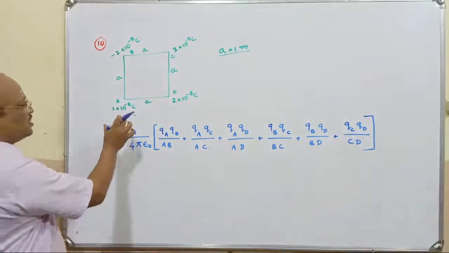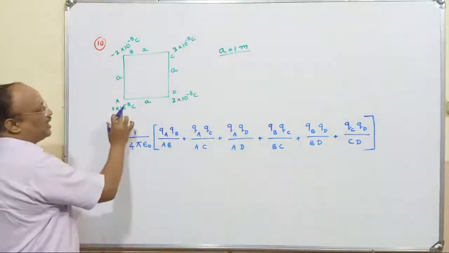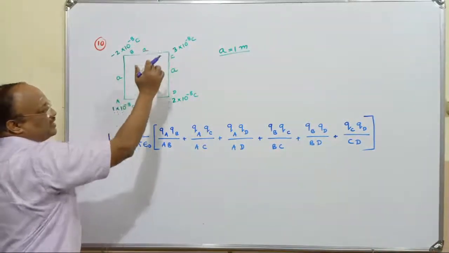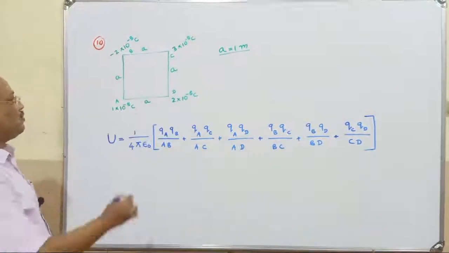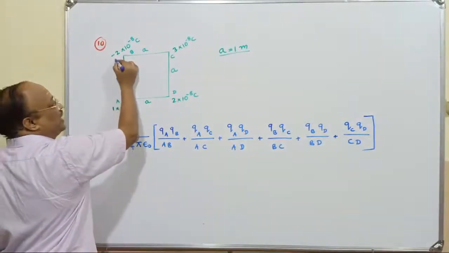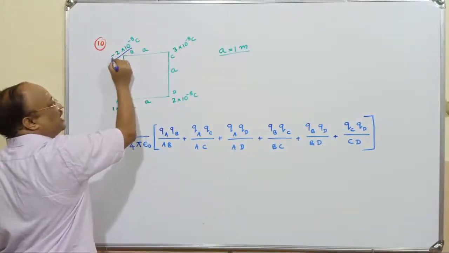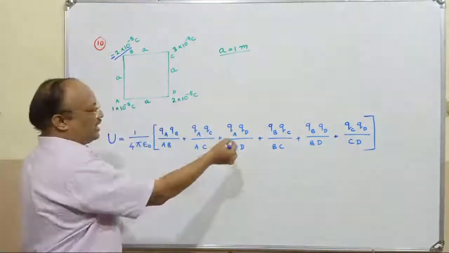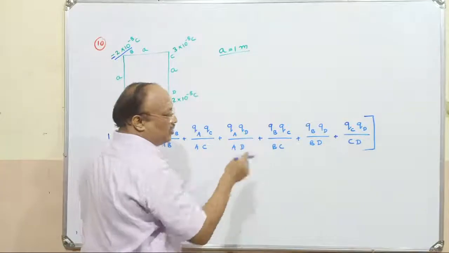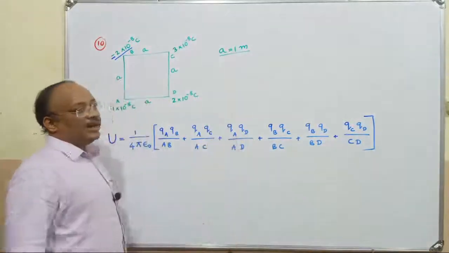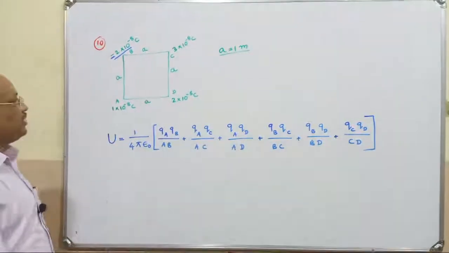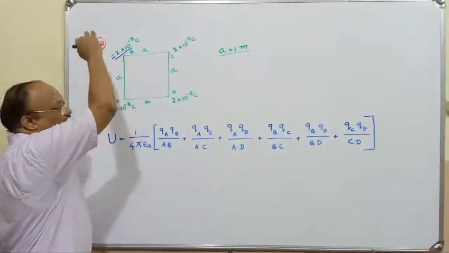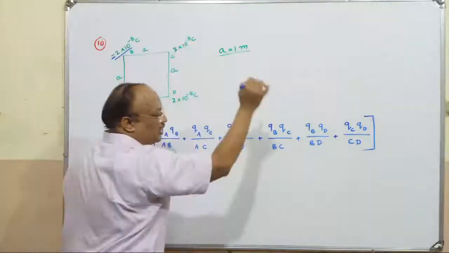Now substitute the values of the charges. Very important: Q B you should take as negative only. Wherever B is there, you should carry the negative value of the charge.